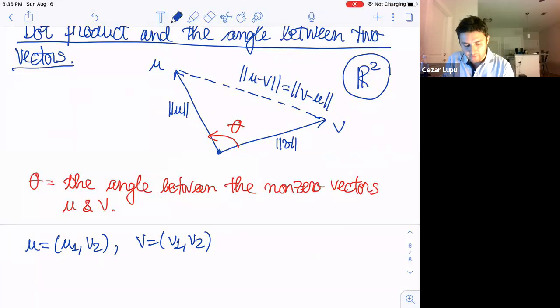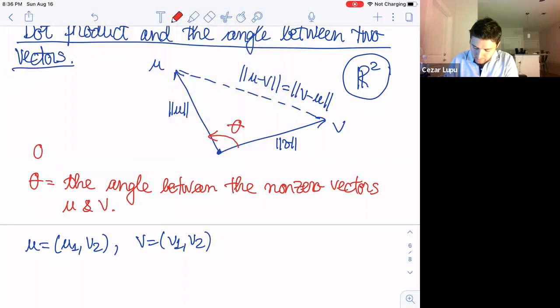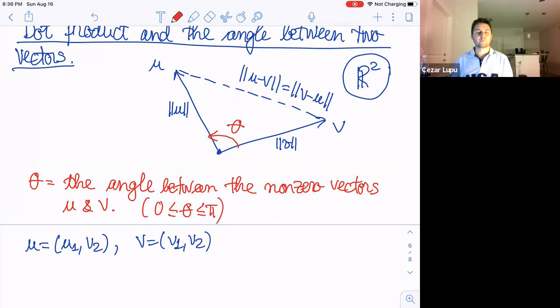Well, from Euclidean geometry, and let me mention that this theta is between 0 and pi, right? And now let's see, how can we do this?